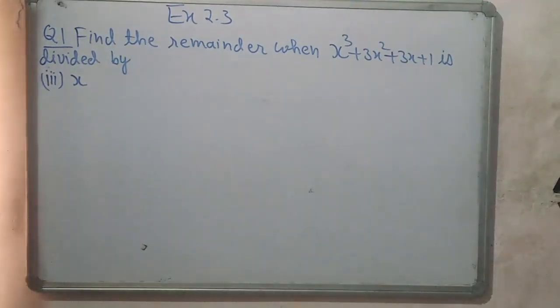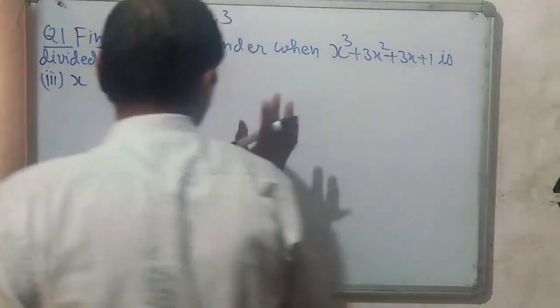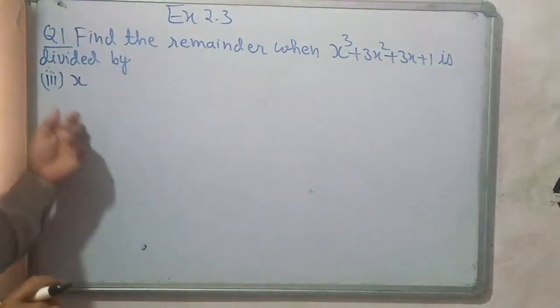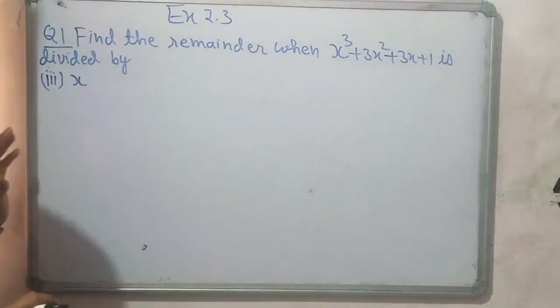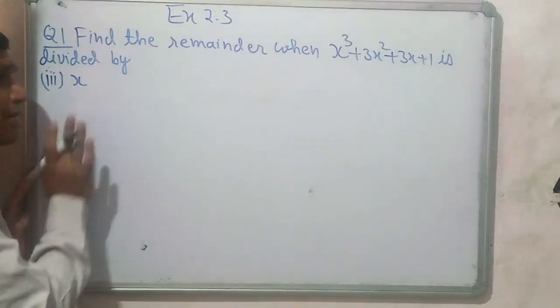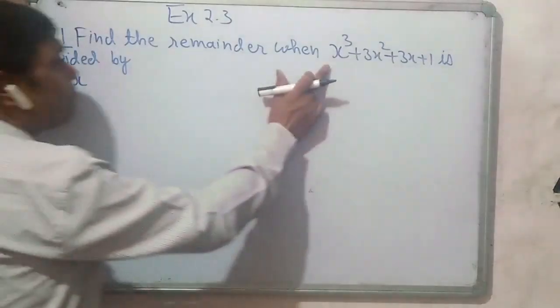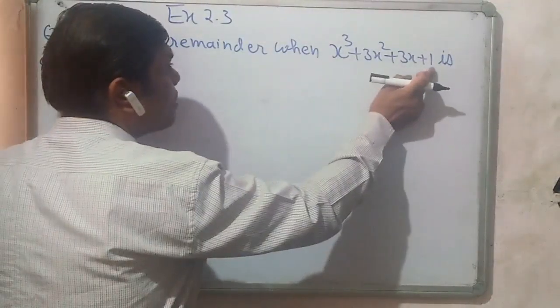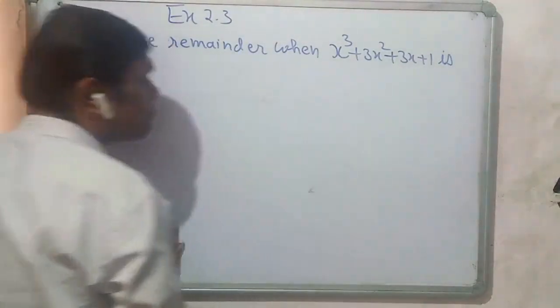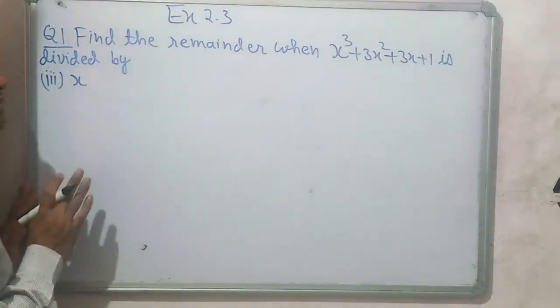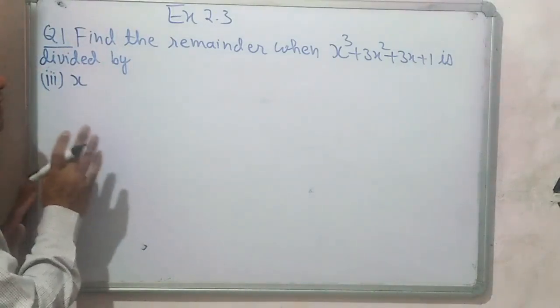Yeah. In the third part, students, we are asked to divide the same polynomial by a monomial x. Right? Let us do it in the long division method. Although we could have put x directly below them and got 1 upon x separately. Let us see how we are going to do this.